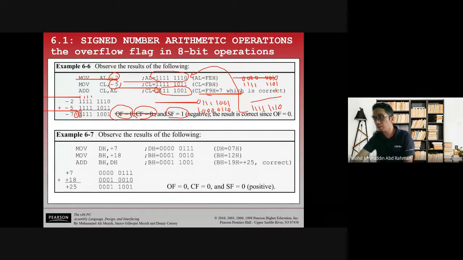Then you add 1 to this, right? So it becomes 1, 1, 1, 0, and 0, 0, 0, 1. Is it 7 over there?